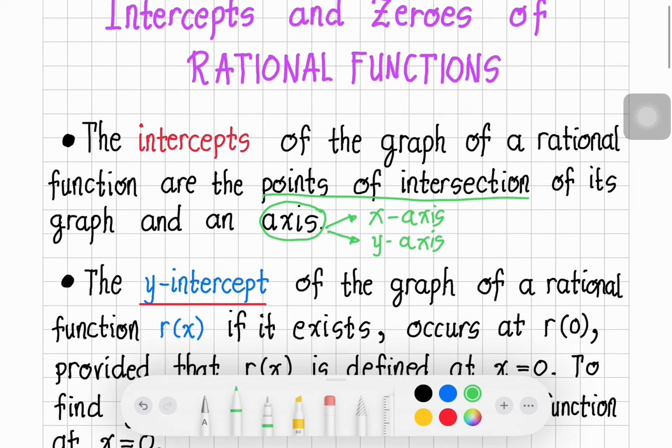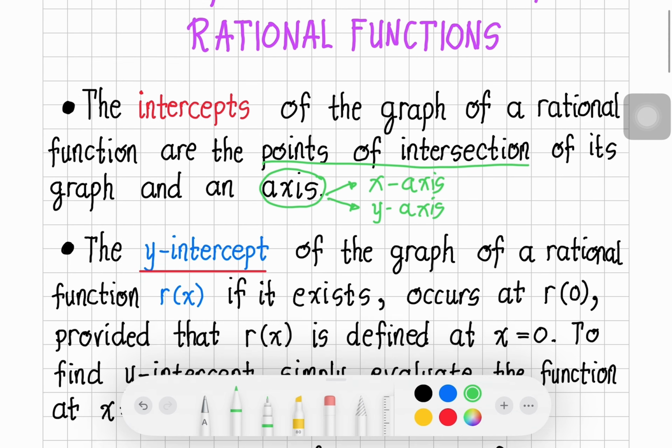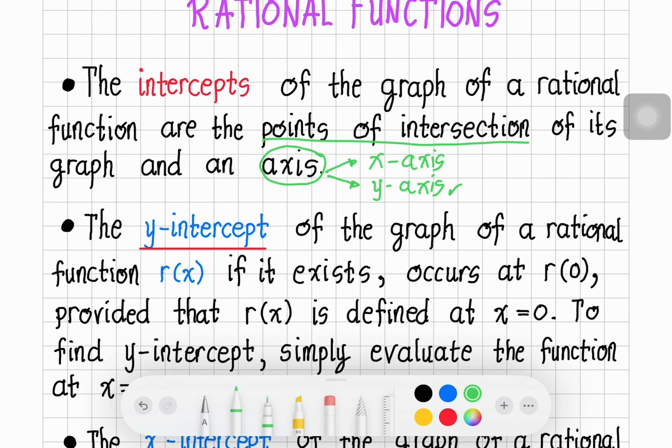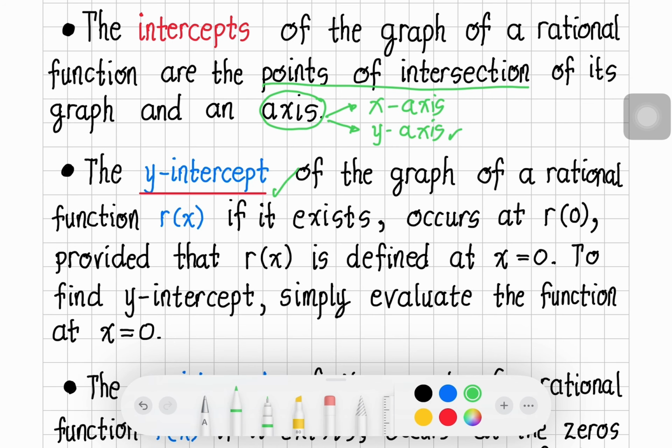So guys, the point of intersection on the y-axis is called the y-intercept. And how do we get the y-intercept? We simply evaluate the function at x equals 0. Okay?